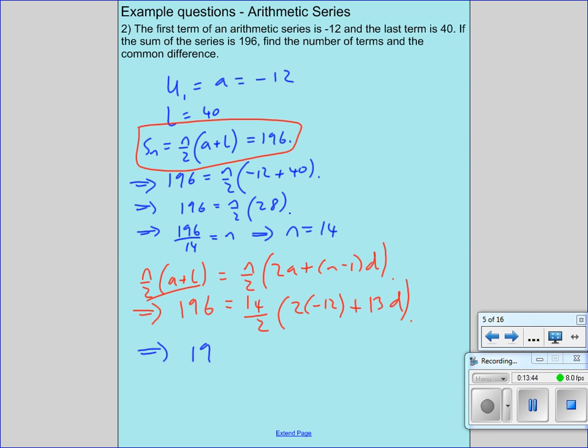So this is 196 equals 7 times minus 24 plus 13d. Let's multiply that out.